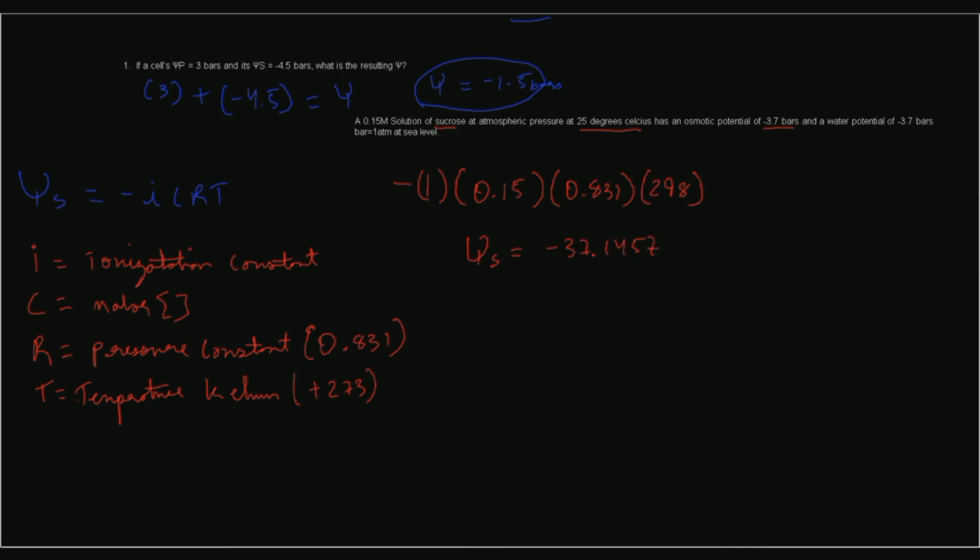So this question is weird. It's not really asking anything. So I guess we can just figure out what we have and what we don't have. We have the solute potential. Oh, okay. So we're supposed to find the pressure potential. Okay, so this is pretty easy. This is not too bad.